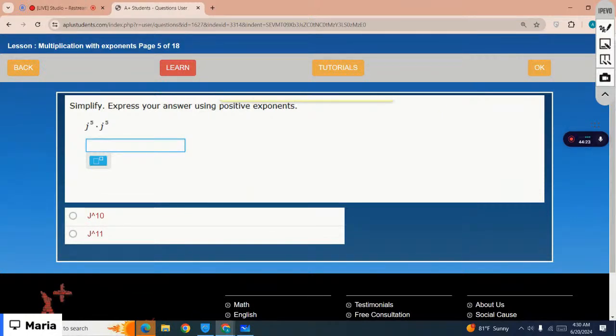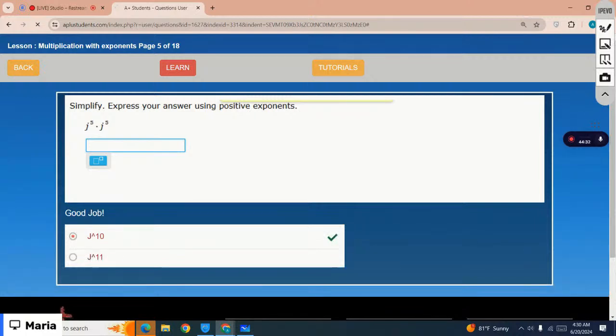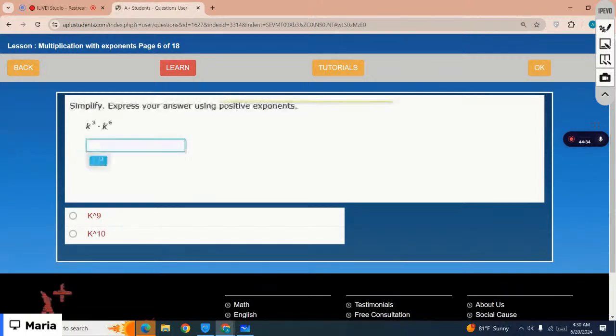Yes, that is J exponent 10. Option number 1 is the correct option. K exponent 3 times K exponent 6. So which is the correct option?